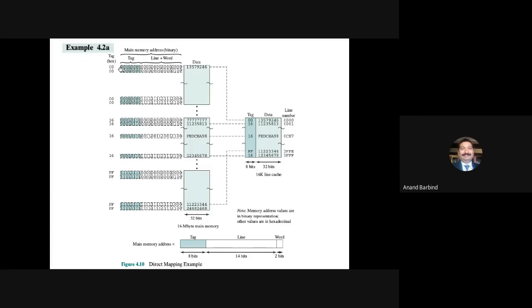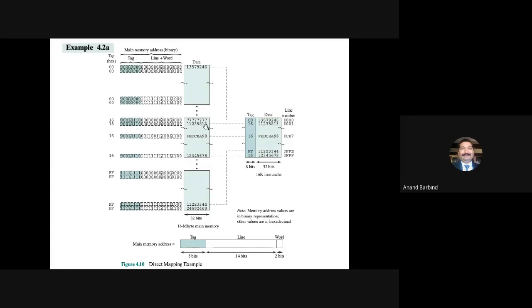Okay, so this is the main memory address. The tag in hex is written here. For all these, the tag value is 00. For all these, the tag value is 16. Okay, so like that.